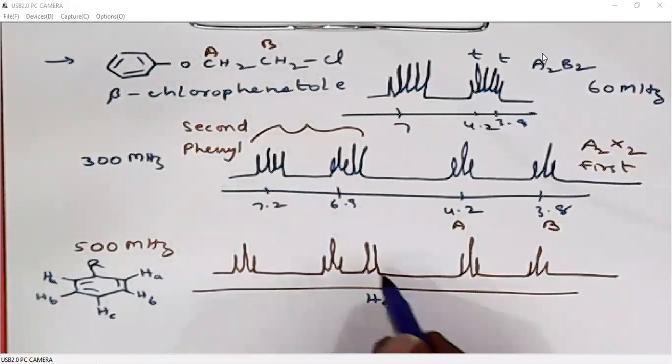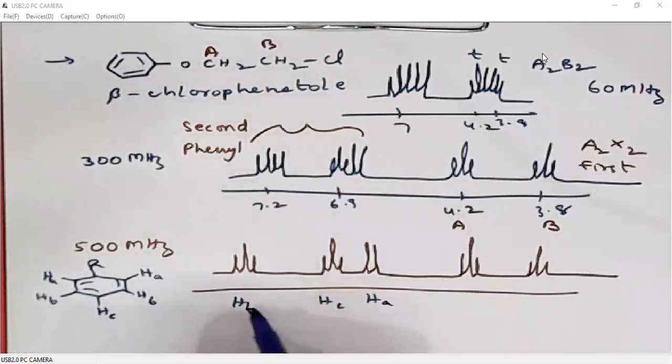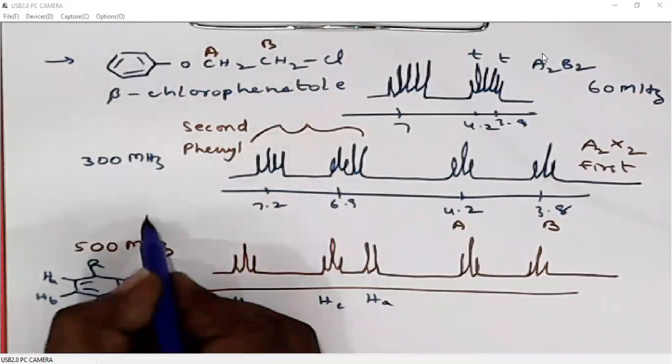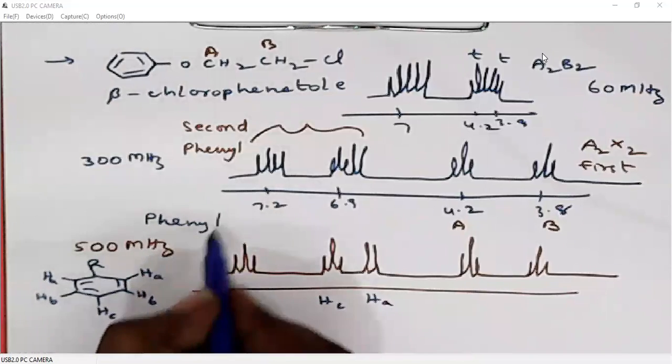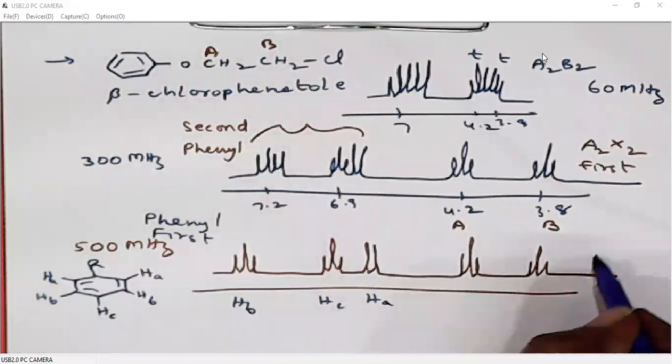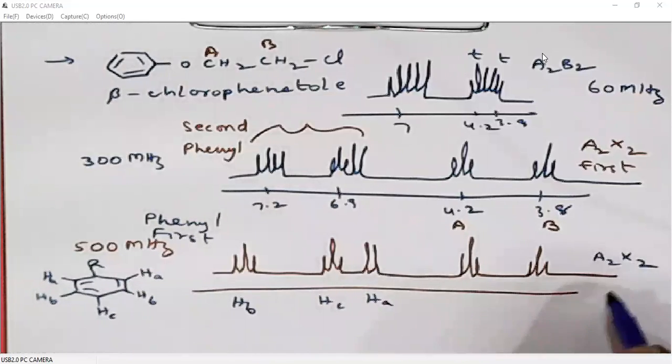So if this doublet belongs to HA, then this triplet belongs to HC and this triplet belongs to HB. So the phenyl is also first order here. This is again A2X2 type, because it is first order at 300 megahertz itself.